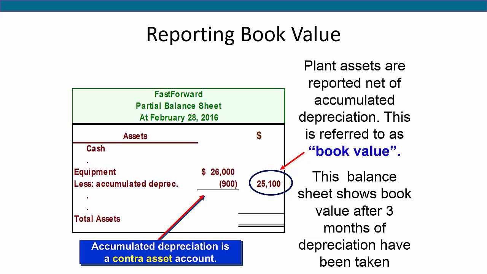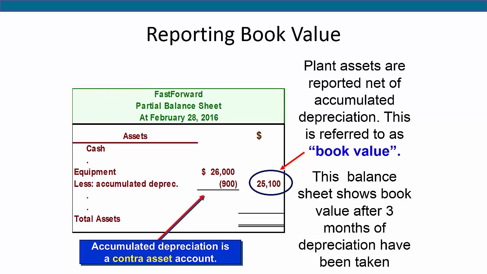Because plant assets are such a large percentage of many companies' assets, investors and lenders are interested in how soon it will be before the company has to replace the assets. By showing both the cost and the accumulated depreciation amounts, users of the financial statements have a pretty good idea how old these plant assets are.